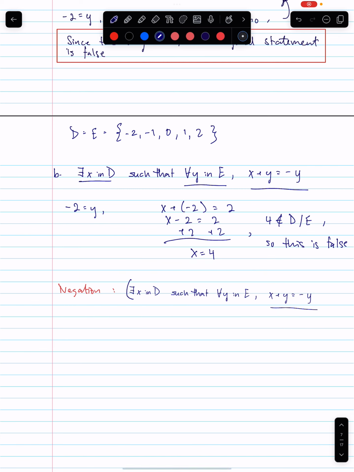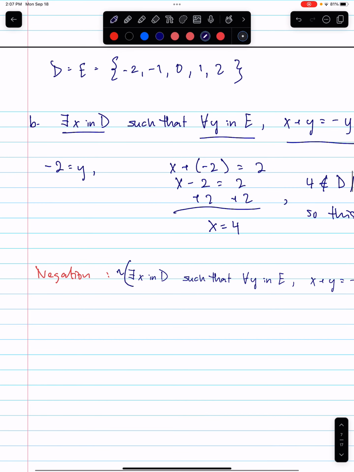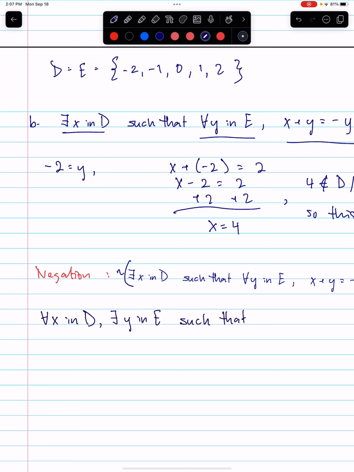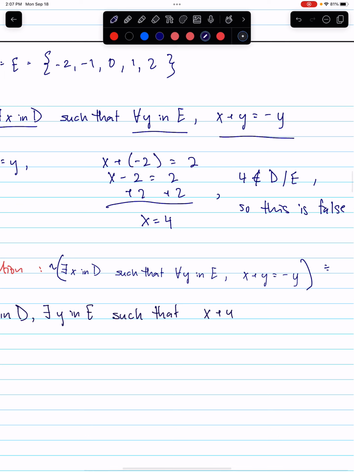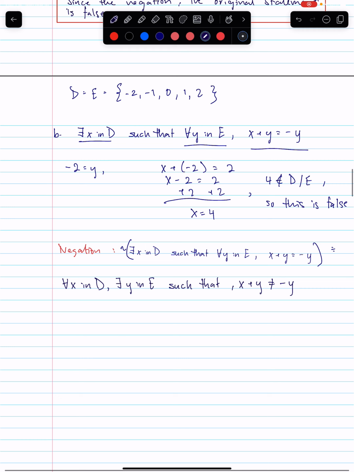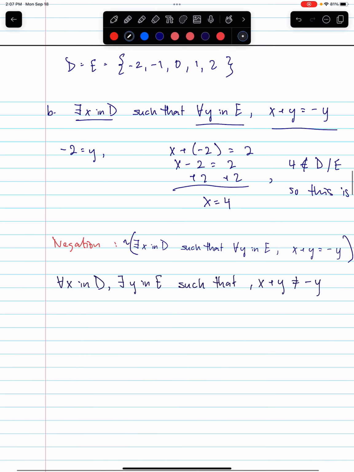Alright, so the negation of this would be for every x in D, there exists some y in E such that x plus y does not equal negative y. Alright, so now let's get some random values. This means for every x in D, right? So let's say negative 2 equals x.